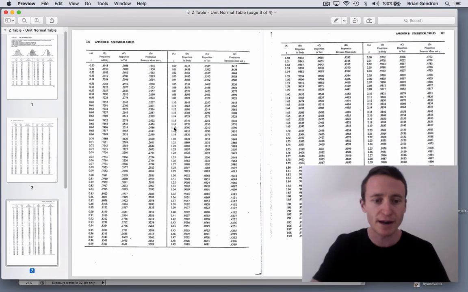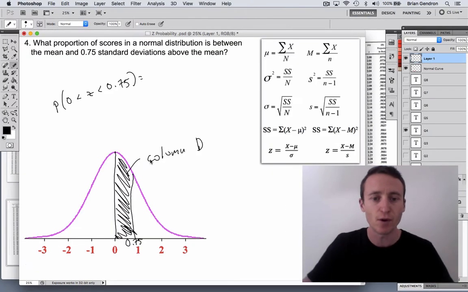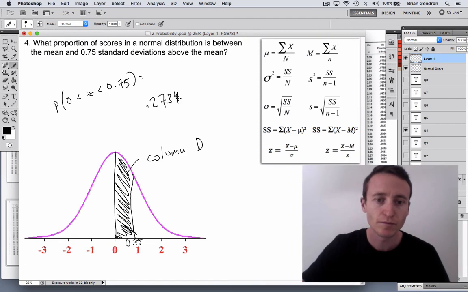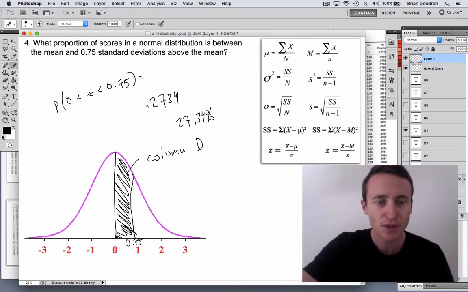All right, so I go to my table, identify a z value of 0.75, and then I scroll over to column D, and I find the proportion is 0.2734. In percentage form, 27.34% of all scores in a normal distribution are between the mean and 0.75 standard deviations above the mean.